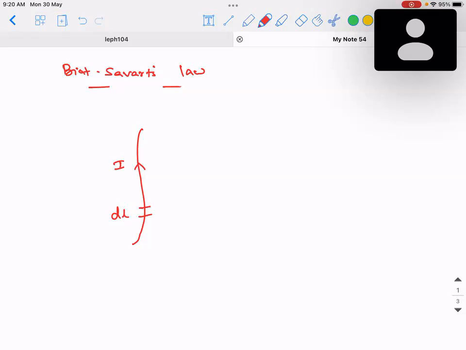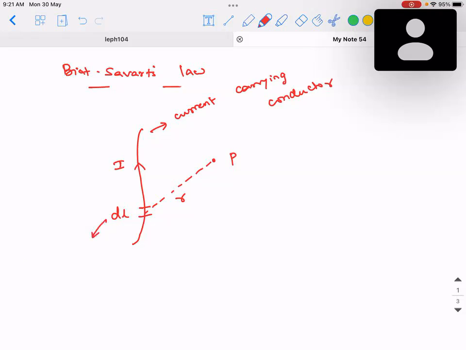Then I have a point P which is at a distance r from this current carrying element. Let me label the parts again. That whole S-shaped curve is a current carrying conductor.